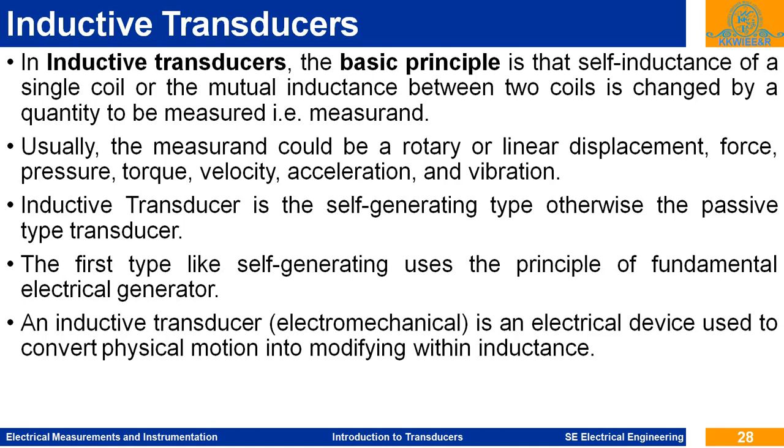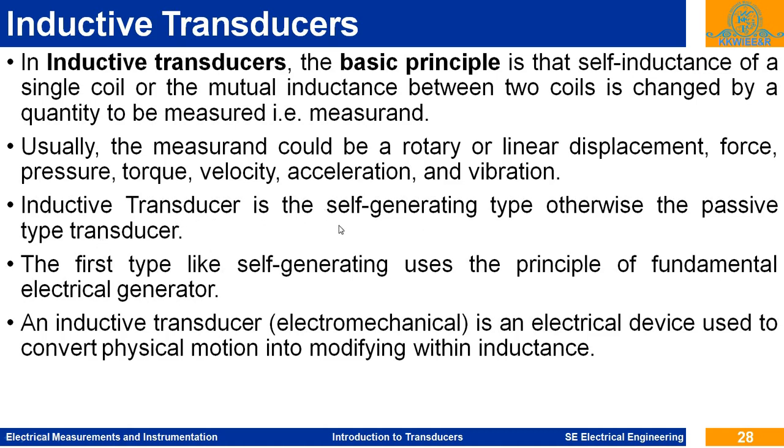If there are two coils, then we measure the mutual inductance between the two coils. That is called an inductive transducer. Here we measure the inductance. Usually the measurand could be a rotary or linear displacement, force, pressure, torque, velocity, acceleration and vibration. These physical quantities can be measured by using inductive transducers.